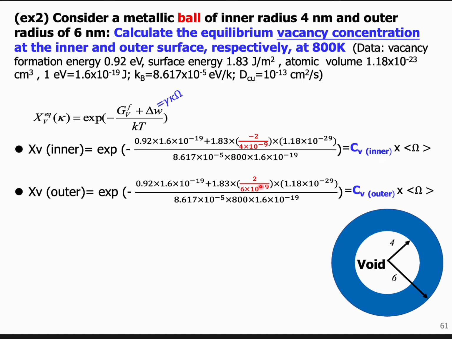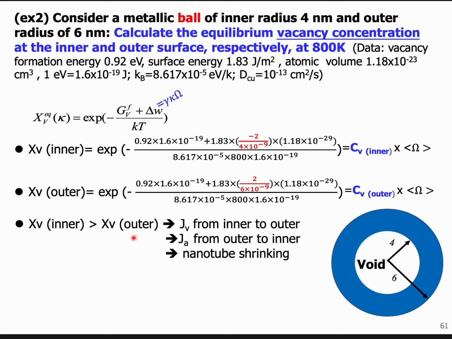So this term is much larger than this term, and you put a minus in front of the larger one. So for sure, X_V inner is larger than X_V outer, right? Because this minus larger one will be smaller. So the atomic vacancy fraction on the inner surface is larger than that on the outer surface.